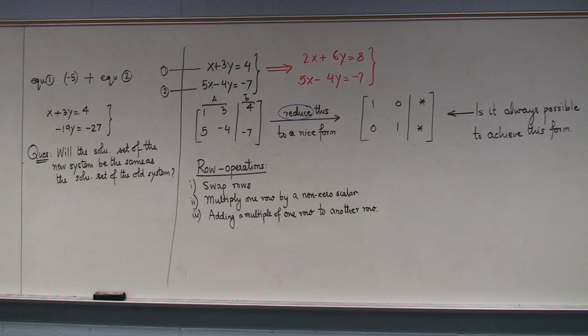Because if it does, then that means this row operation will also help us preserve the solution. Hence, we can keep on doing this until we find the right form.